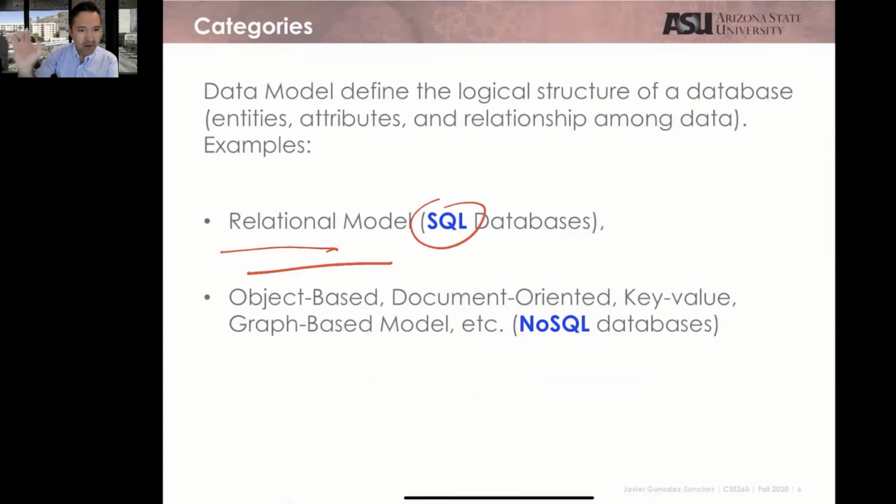We're going to talk about the relational model, relational databases, those that apply the SQL language. And we have the others, the ones that are NoSQL databases: the object-oriented databases, document-oriented databases, key-value databases, graph-based databases, a lot of them.